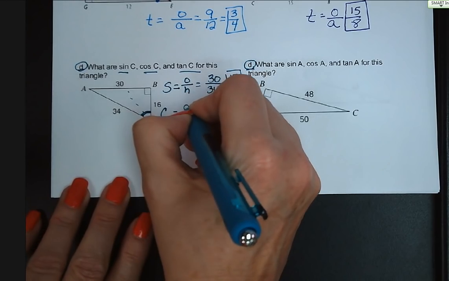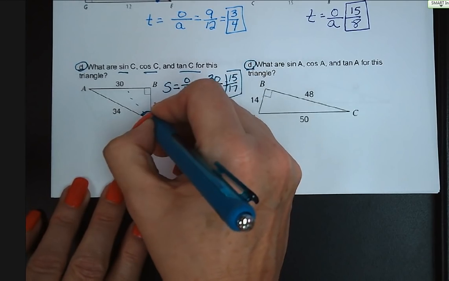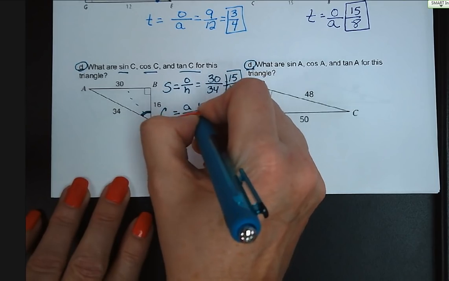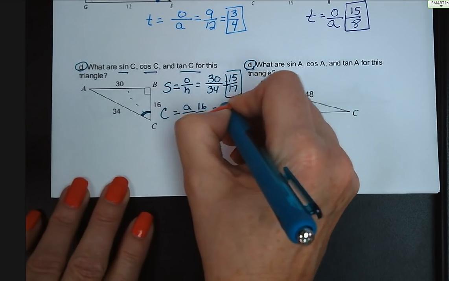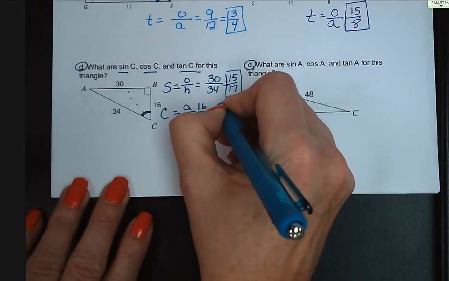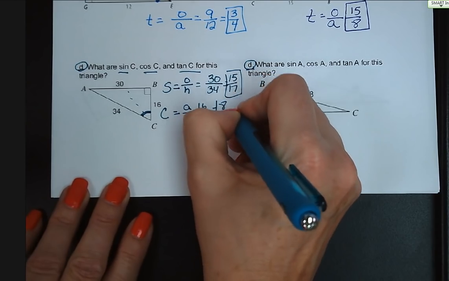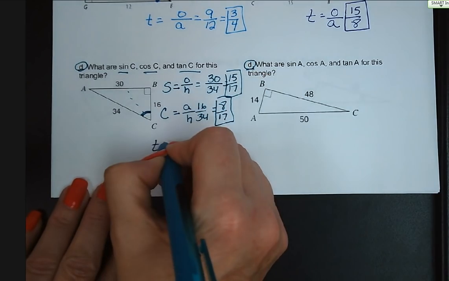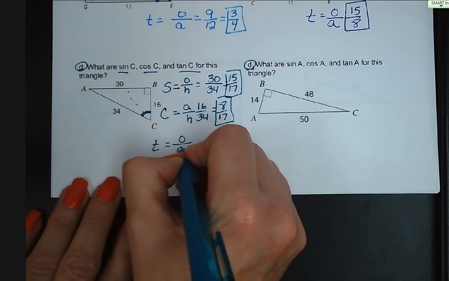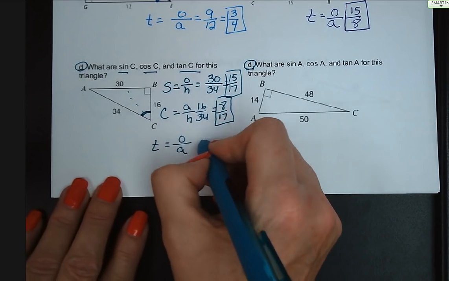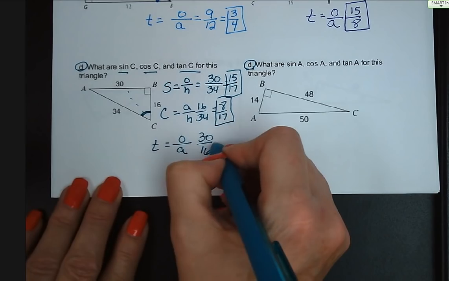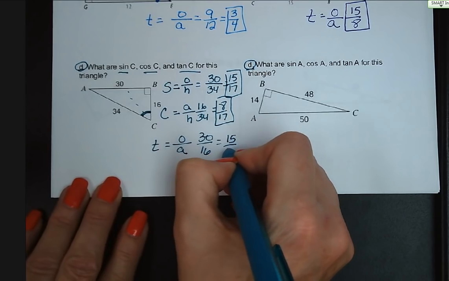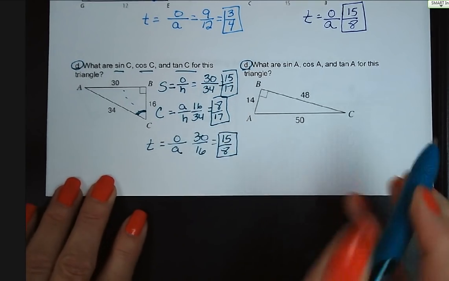Cosine is adjacent over hypotenuse, so 16 over 34, and that is going to reduce to 8/17. And tangent is 30 over 16, which reduces to 15/8.